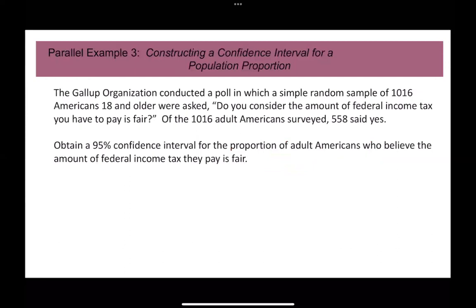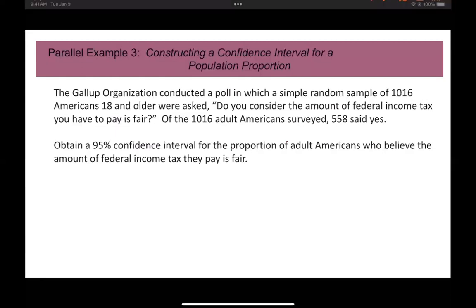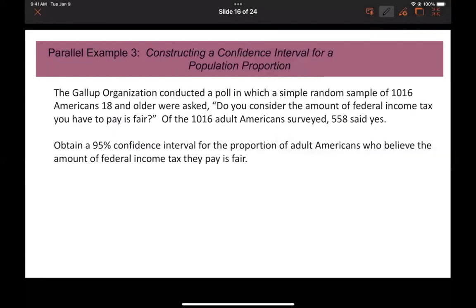We're going to get a 95% confidence interval for the proportion of adults who believe the amount of federal income tax they pay is fair. Okay, the first thing I'm going to do is calculate the p hat. So p hat is 558 divided by 1016.